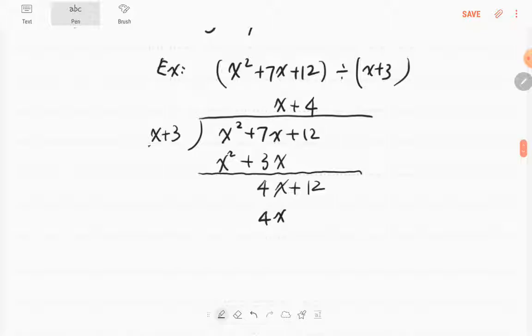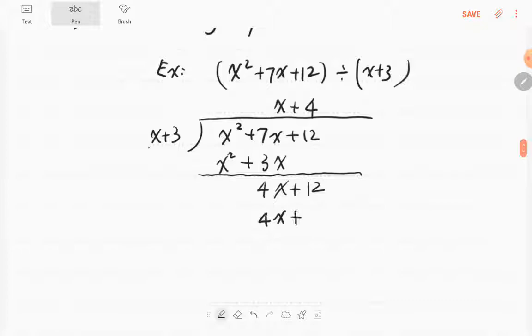Then 4 times the second term, 3. After that, we still do the subtraction, and we know we get 0. And all the terms have already been divided. There's no remaining term, so we finished. We will get the answer x plus 2. X plus 2 is the quotient here.